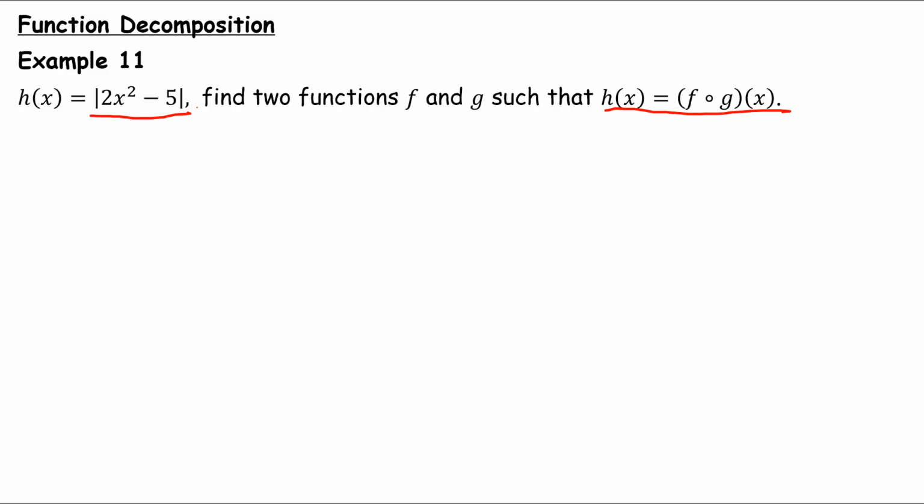So the two functions that you could use would be the function that takes x and squares it and multiplies it by 2 and subtracts 5. And then the other function you could use would be the function that takes the absolute value of something.